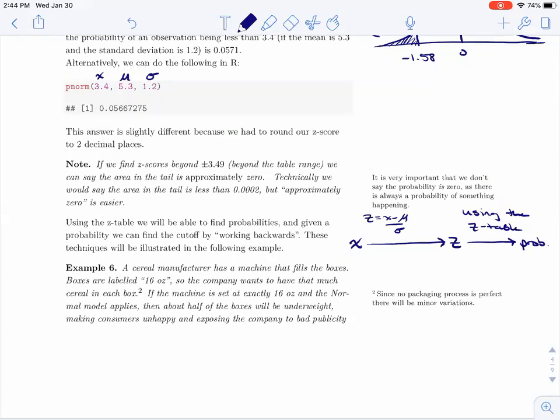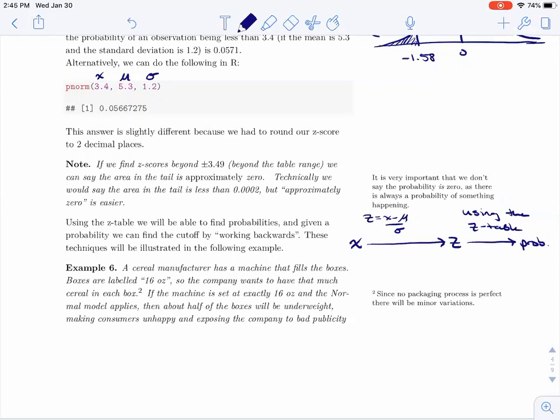And we can work the other way, just the same. If I give you a probability, using the Z table, you can work back to a Z-score. And then from a Z-score, now that you know a Z-score, and you know mu and you know sigma, you can solve for x.